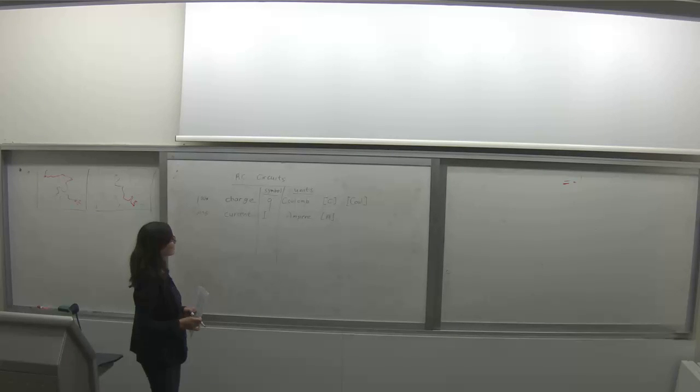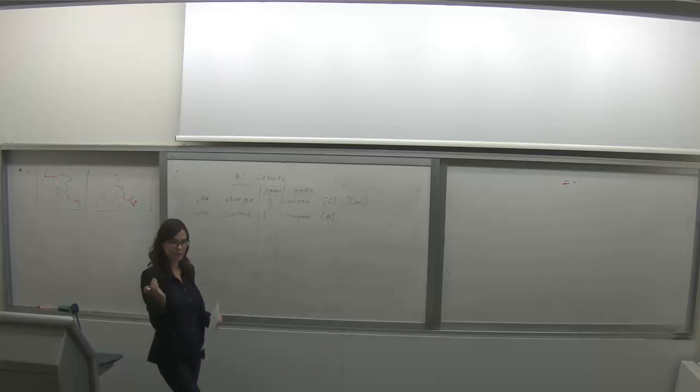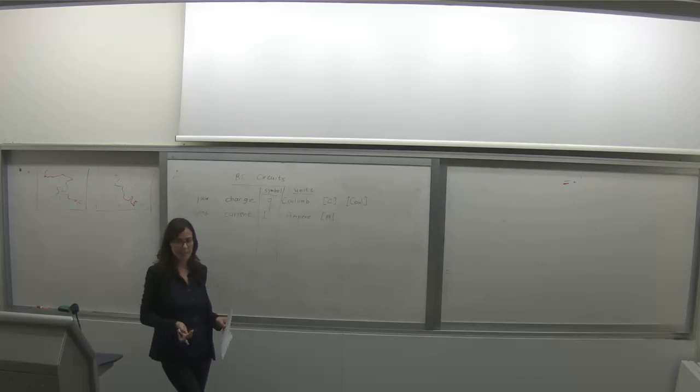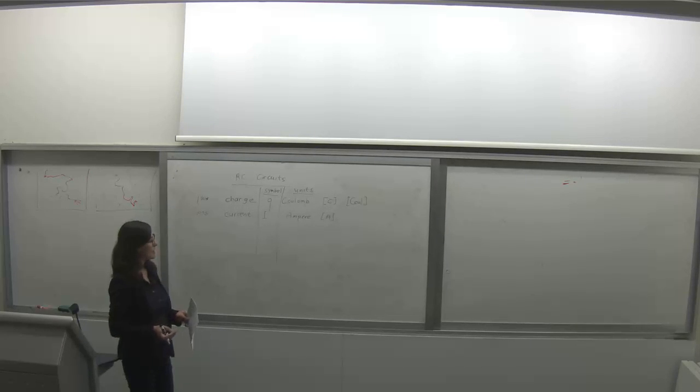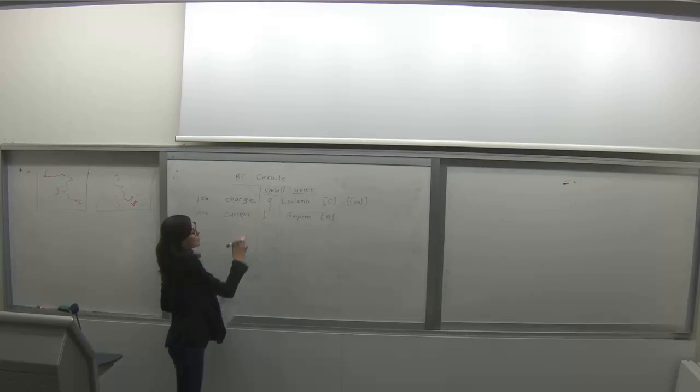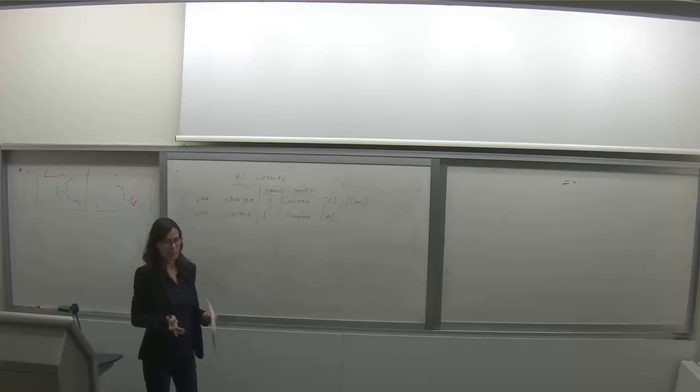In fact, if you think of it, let's say that I have a conducting material, some kind of a wire, a metal wire which is conducting, such that charges can flow through this material. So let's say that I have a Q amount of charge, 1 Coulomb of charge, and it's flowing from side to side.